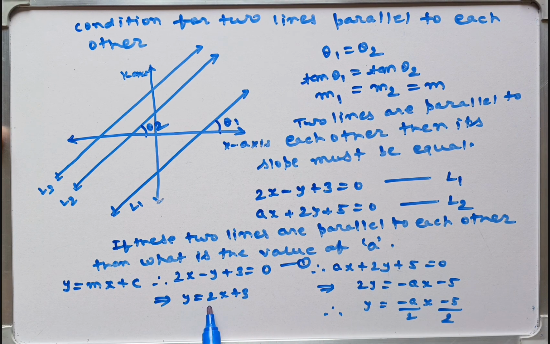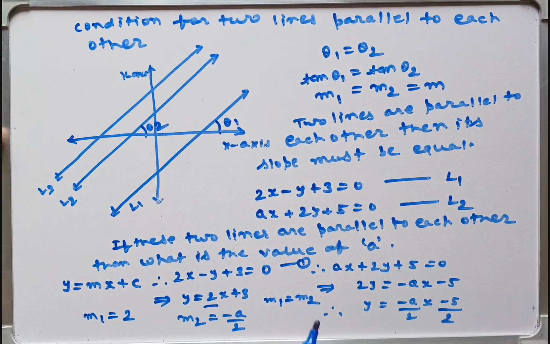So the slope of this line is m1, which is equal to 2, and this one is m2, which is minus a by 2. So both must be the same for the lines to be parallel.